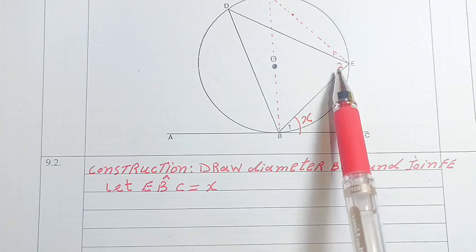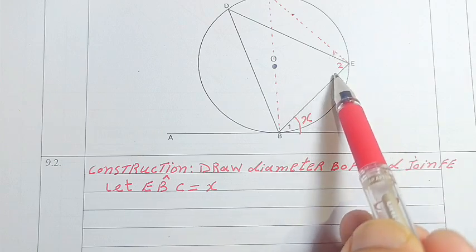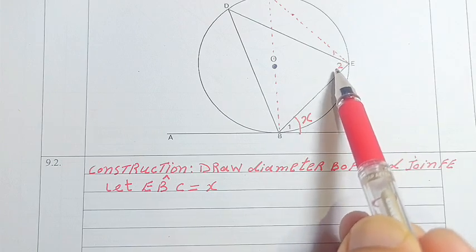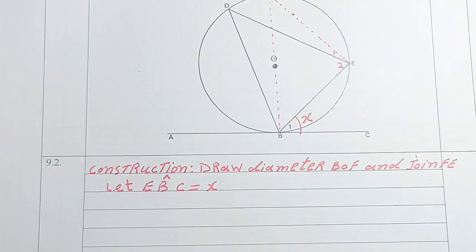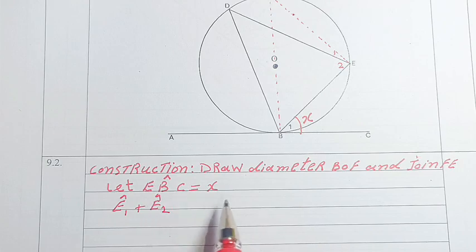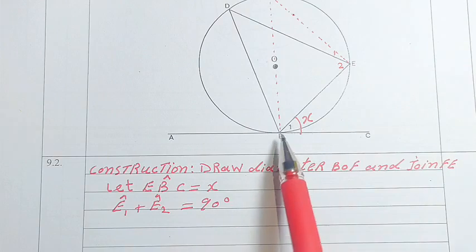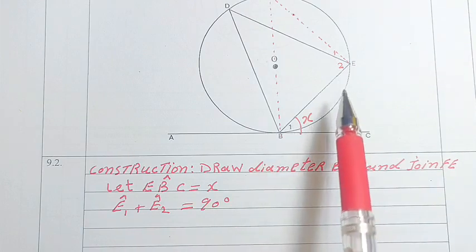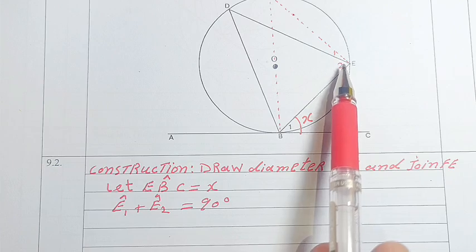So angle E1 plus angle E2 is equal to 90 degrees, or you can say FEB is equal to 90 degrees, because angle in the semicircle.